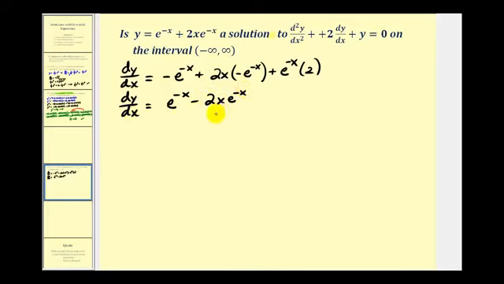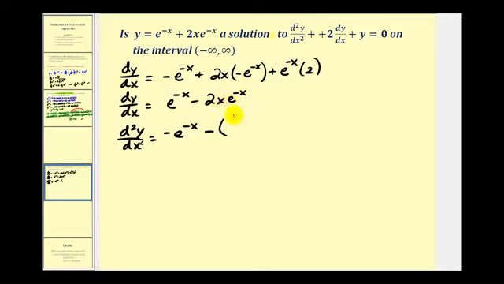And now to find the second derivative, we'll find the derivative of this. So the second derivative of y with respect to x will equal the derivative of e to the negative x, which we saw above is e to the negative x times negative 1, or just negative e to the negative x, minus, and then we'll have to apply the product rule with the chain rule to find the derivative of this term here.